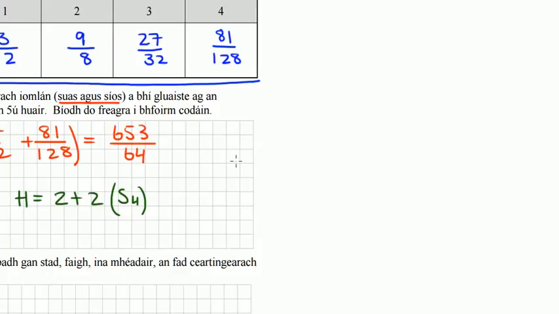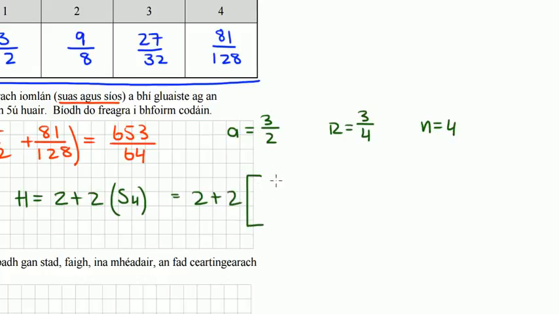So when we're using that formula, we know that we need the first term, which in this case is going to be 3/2. We need the common ratio, so the ratio between all of the terms. So r is equal to 3/4. So we're going to get 2 plus 2 multiplied by 1 minus 3/4 to the power of 4 over 1 minus 3/4.